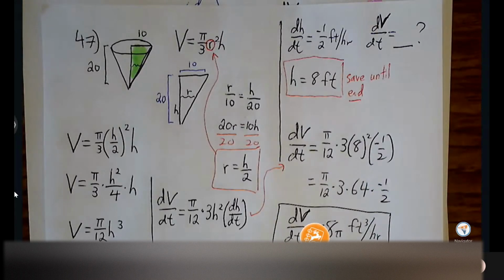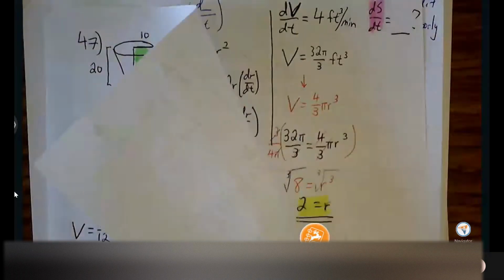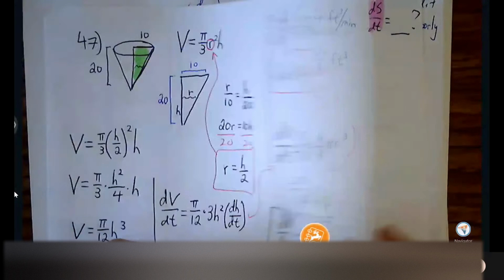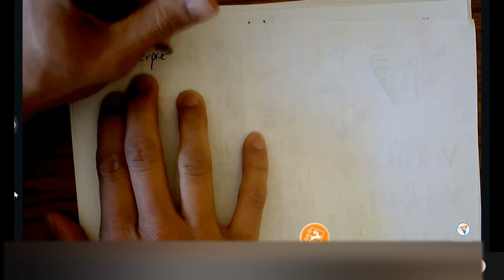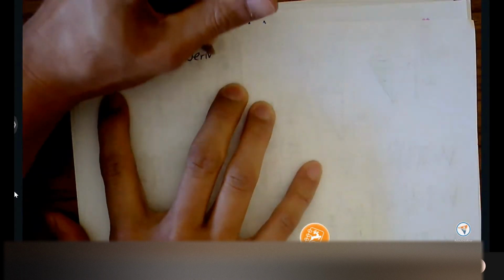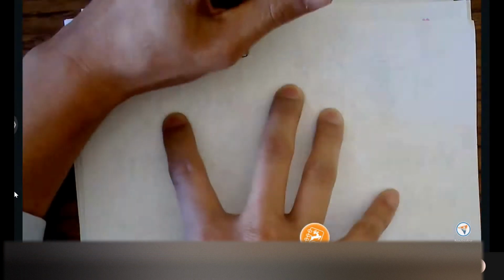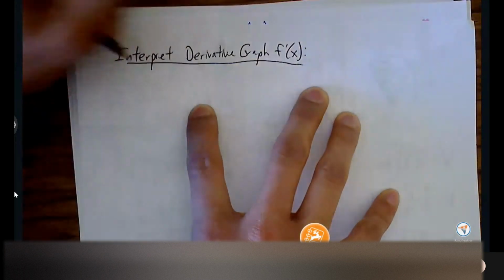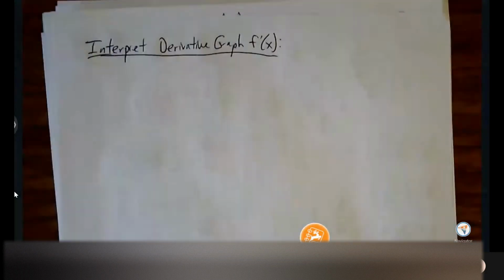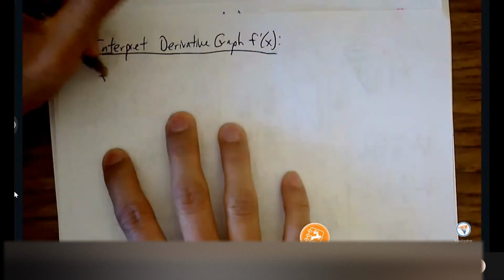I want to spend the remaining time going over derivatives. So let me put an example for us to try here. So let's say our f prime graph looks like this.